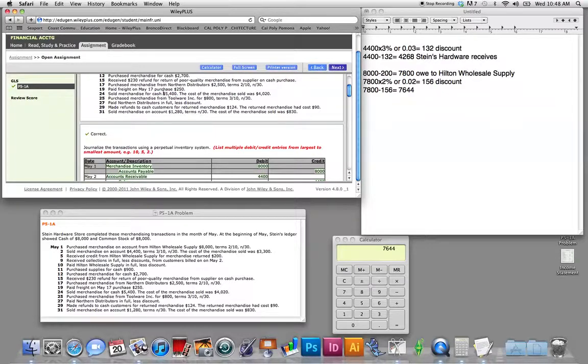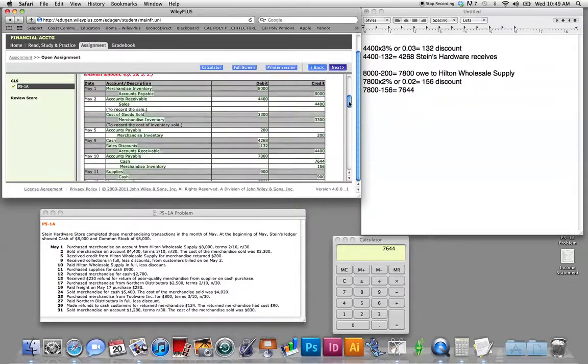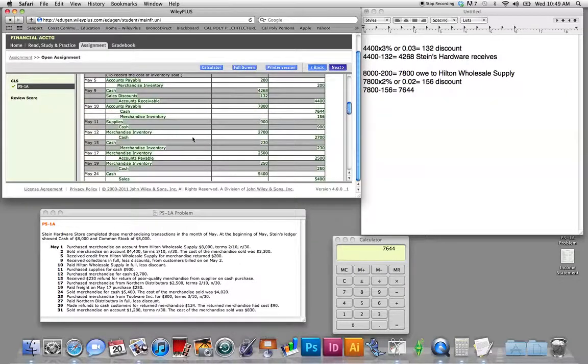So we're going to be increasing our cash account or debiting the cash account by $5,400 right here.